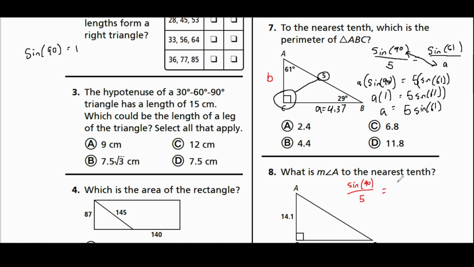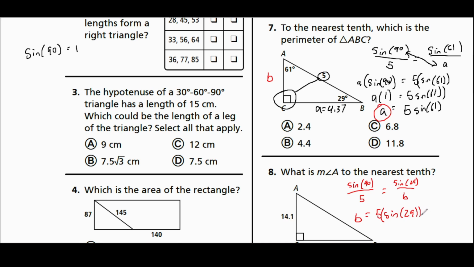And then for b, it's going to be the sine of 29 over little b. Up here, I've already shown you that this is going to become 1, so this is just going to be b times 1, or b is equal to 5 times sine of 29.